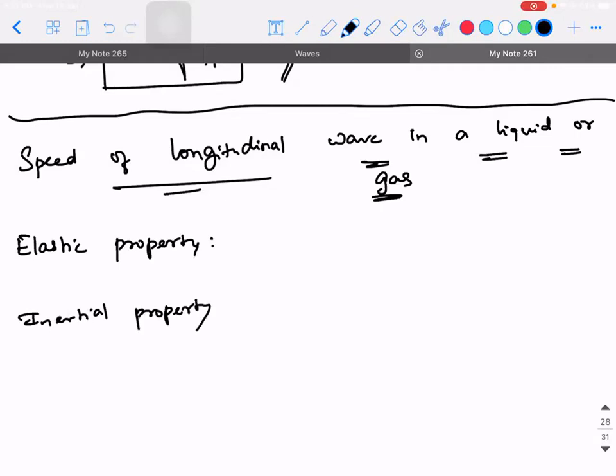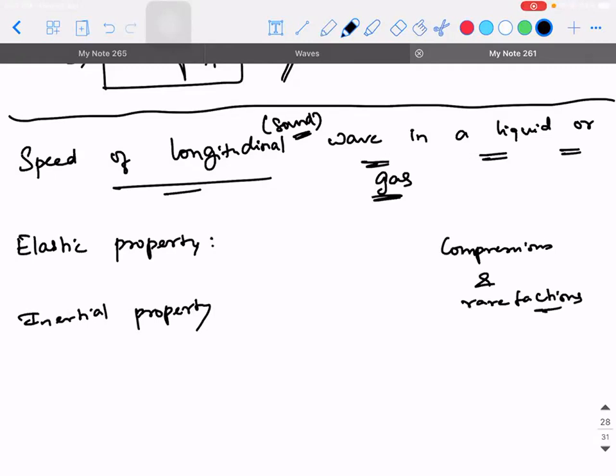So remember, when I say longitudinal wave, mostly you will talk about sound. Okay. So when I talk about the sound, how does a longitudinal wave actually travel? It travels in the form of compressions and rarefactions, right?